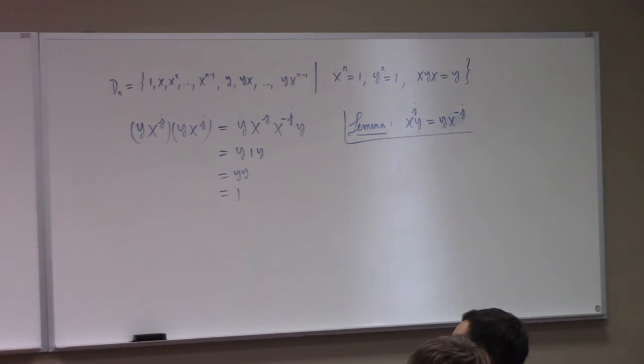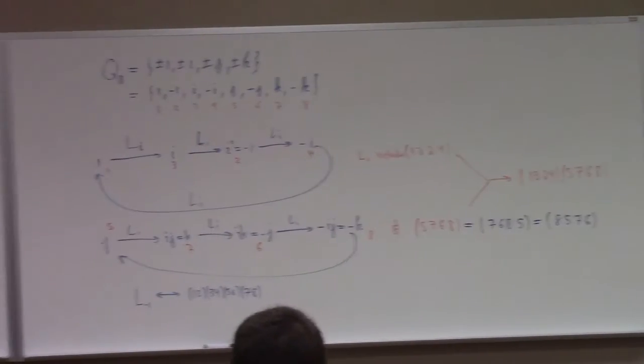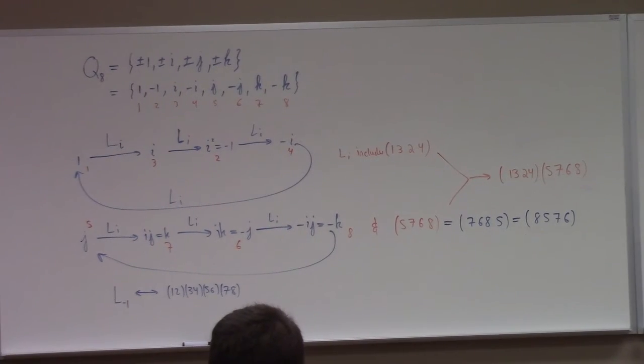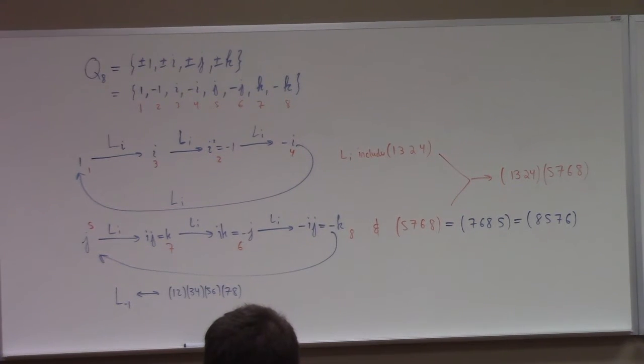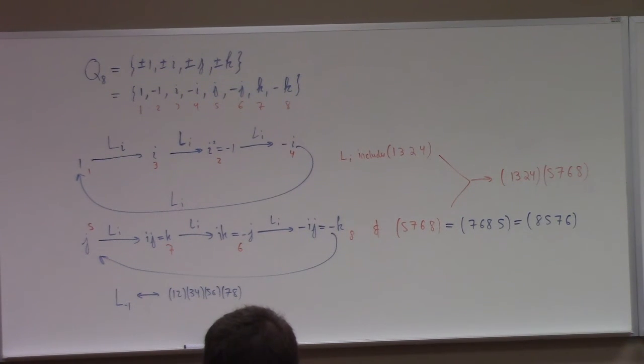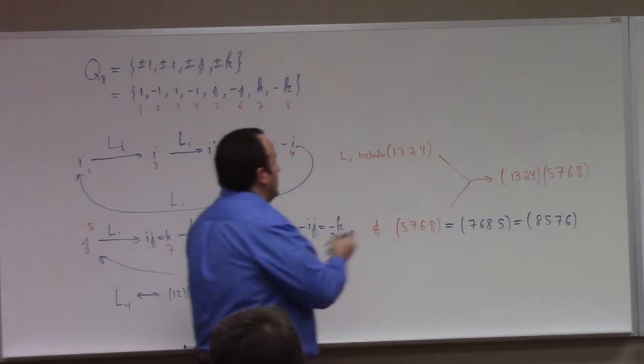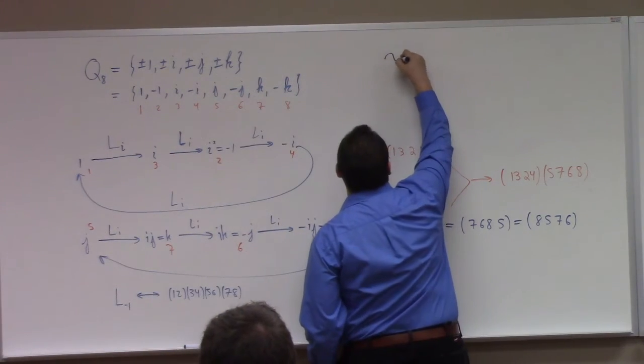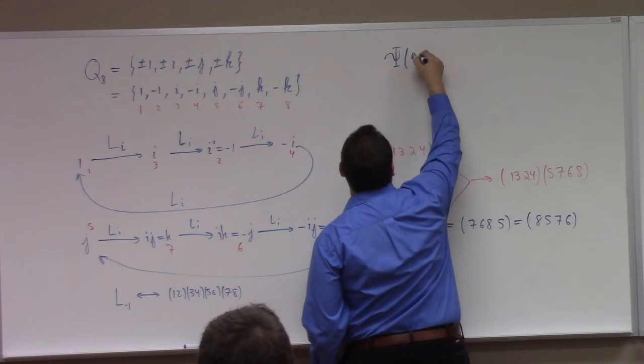Suppose G is a finite abelian group with no element of order 2. Show that psi of g equals g squared provides an automorphism of G. All right. Finite abelian.